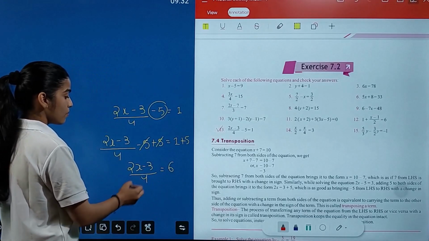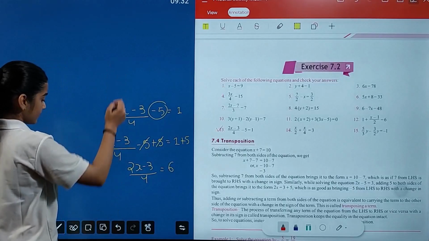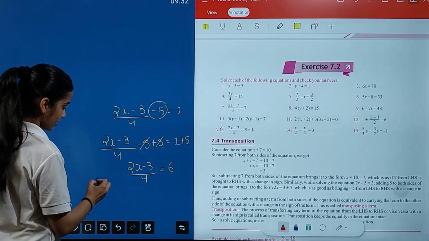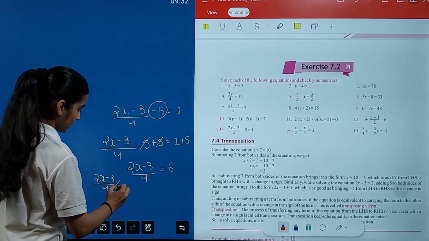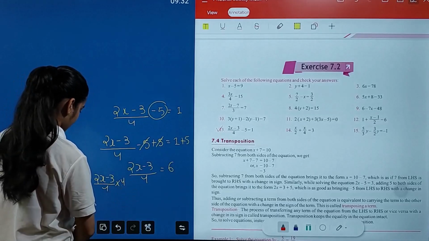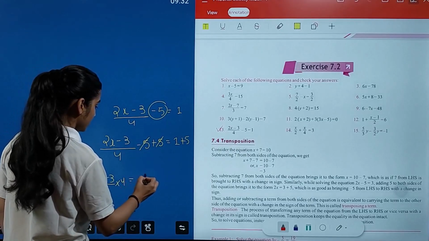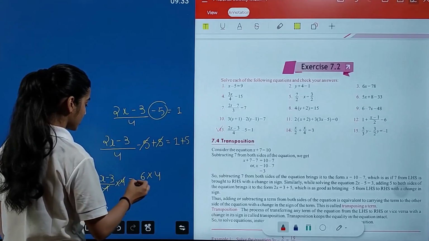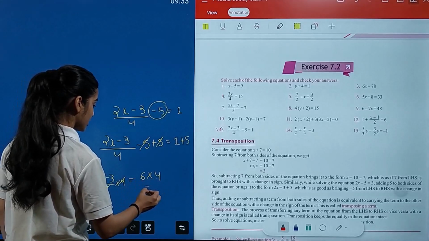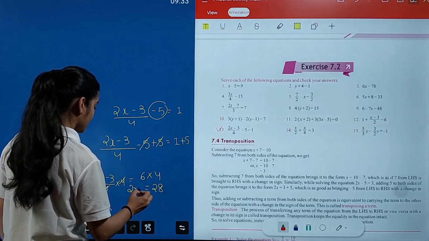Now we have to multiply both sides by 4. So 2x minus 3 by 4 multiplied by 4 is equal to 6 multiplied by 4. 4 and 4 cancel out with each other. So 2x minus 3 is equal to 24.